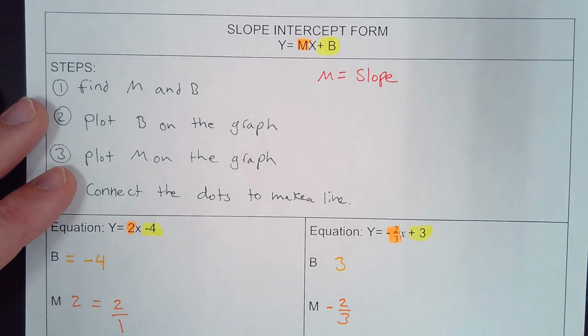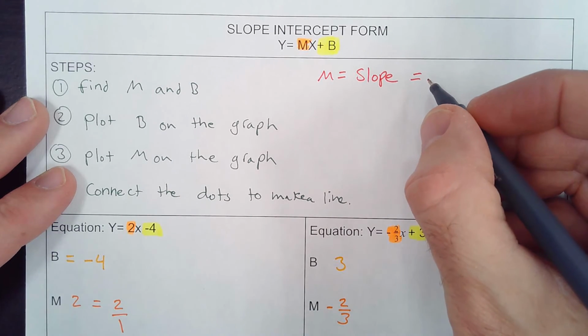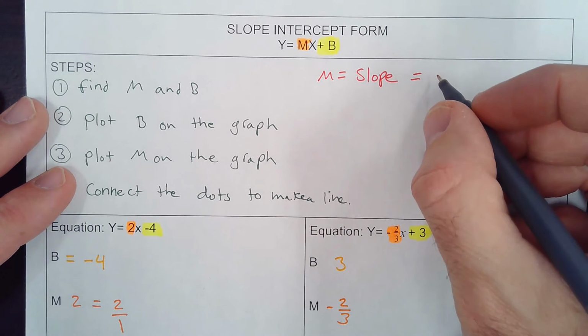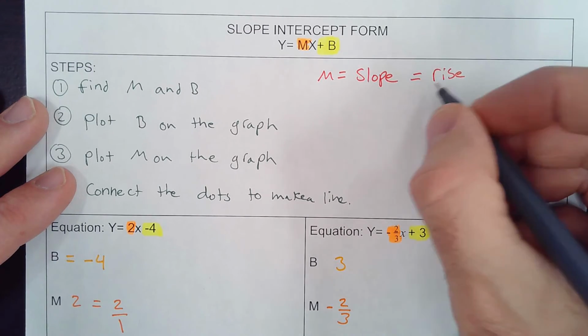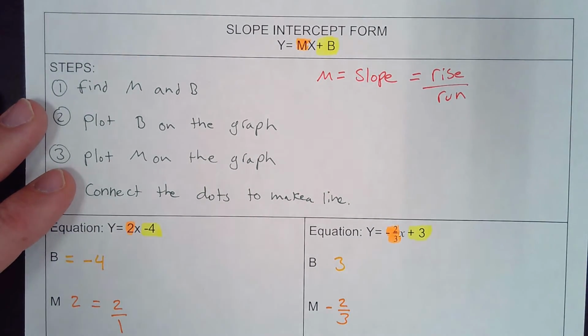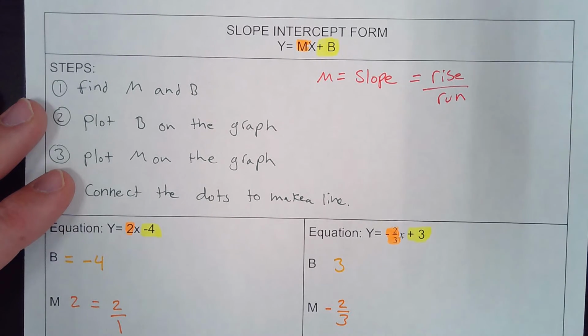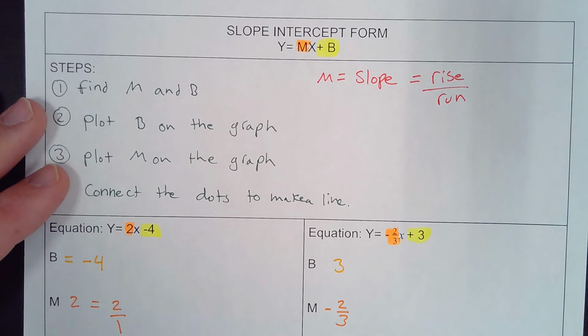M is the slope. That's another word that you'll hear. You can also think of it, this will be helpful, think of the fraction. This will be rise over run. So those are some important things we need to remember about m. M is slope, and that's also rise over run.